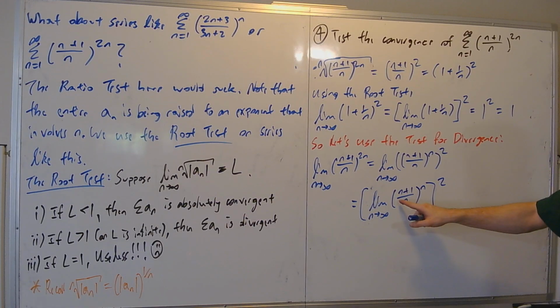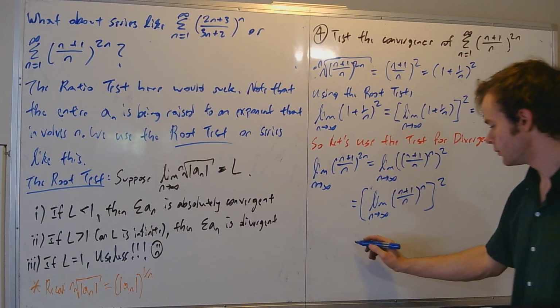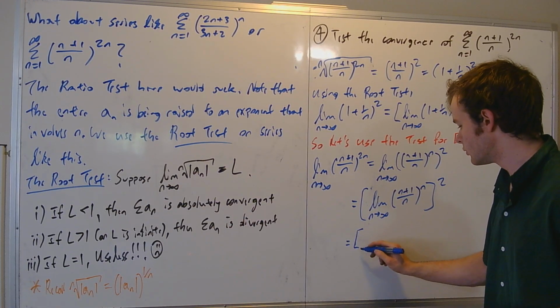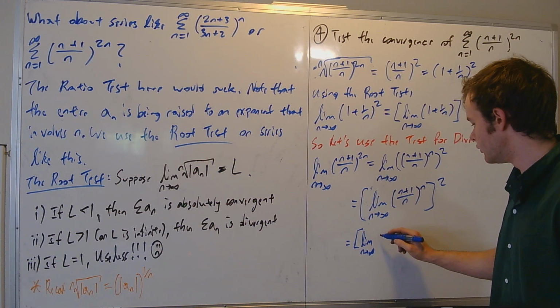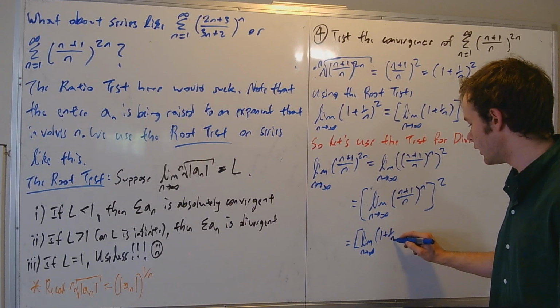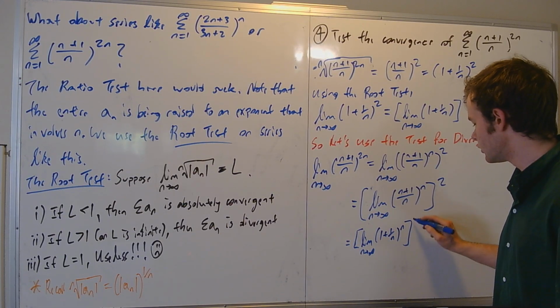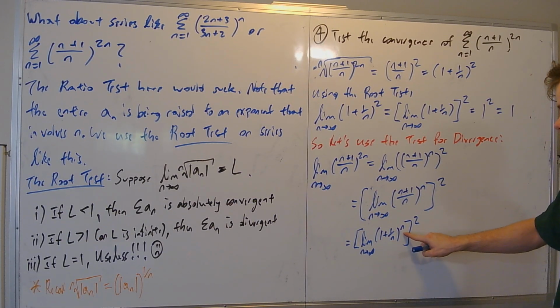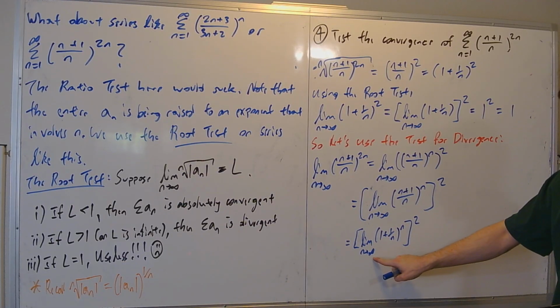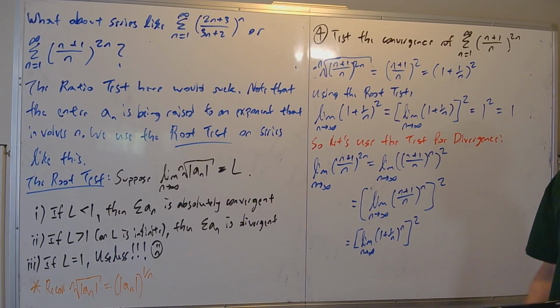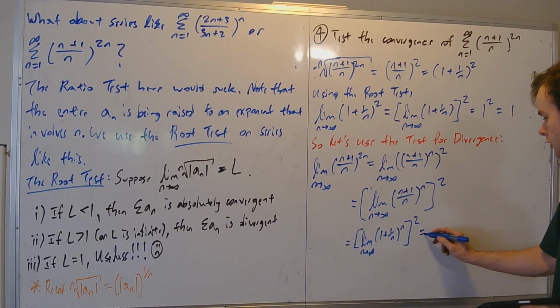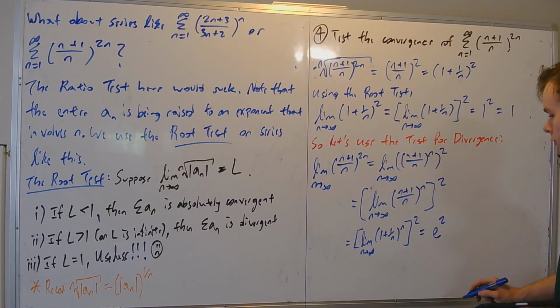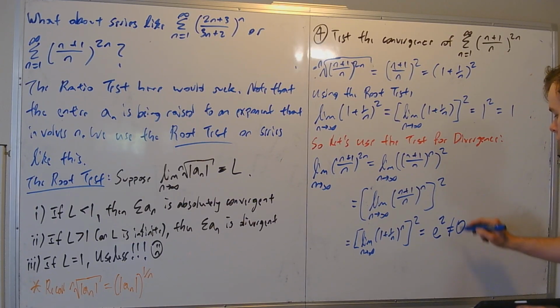Okay, but remember, we can rewrite this inside part as the limit as n goes to infinity of (1 plus 1 over n) to the power of n, all squared. And remember, we said if we've got (1 plus 1 over n) to the power of n, and we're taking the limit as n is going to infinity, that's the definition of the number e. So this is e to the power of 2, and that is certainly not equal to 0.